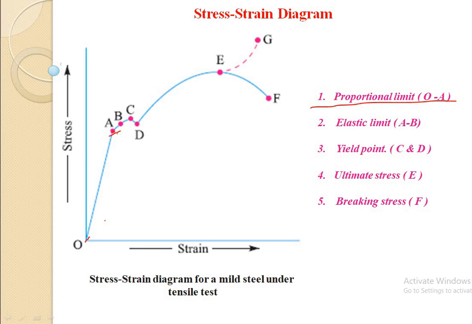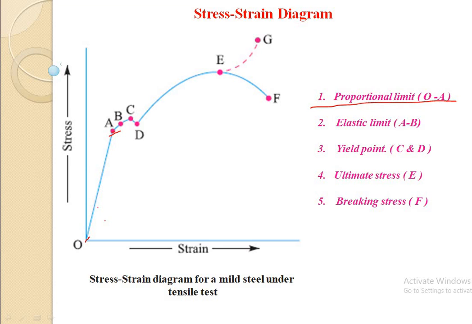We see from the diagram that O to A is a straight line, which represents that the stress is proportional to strain. As we go on increasing the load, there is a corresponding elongation, meaning as the value of stress increases, the value of strain also increases.